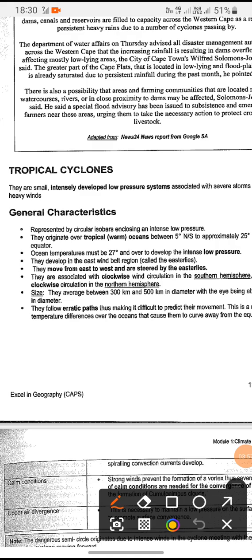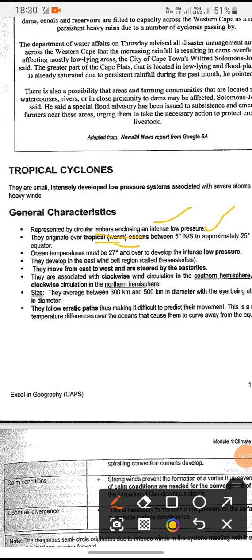You must tell them that it's represented by circular isobars enclosing low pressure. If they mention the oceans and give the degrees 0, 30, 60, 90, you must tell them that this is a tropical cyclone because they originate over tropical oceans.